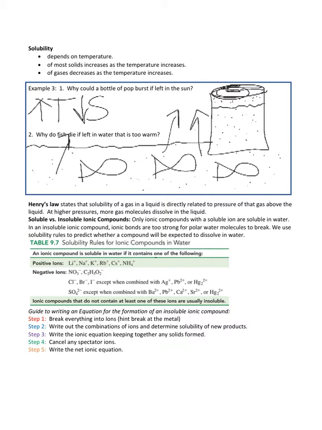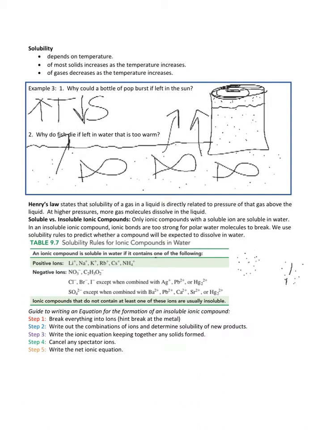So in an insoluble ionic compound, the ionic bonds between the two ions, the positive and negative ion, are too strong for the water molecule to break. So remember we talked about the solvent interactions, right? You've got your water molecules over here, and the solute interactions.